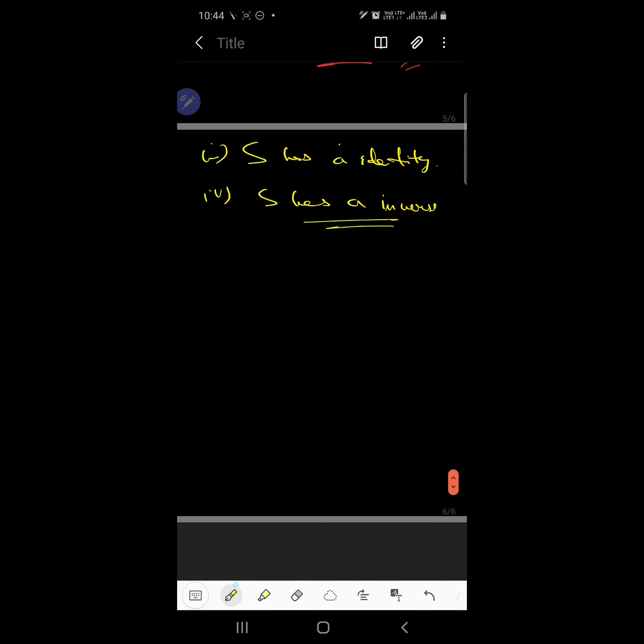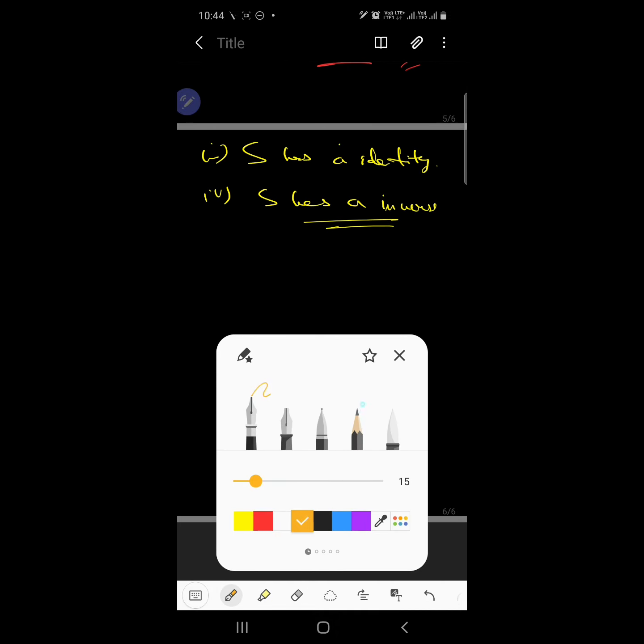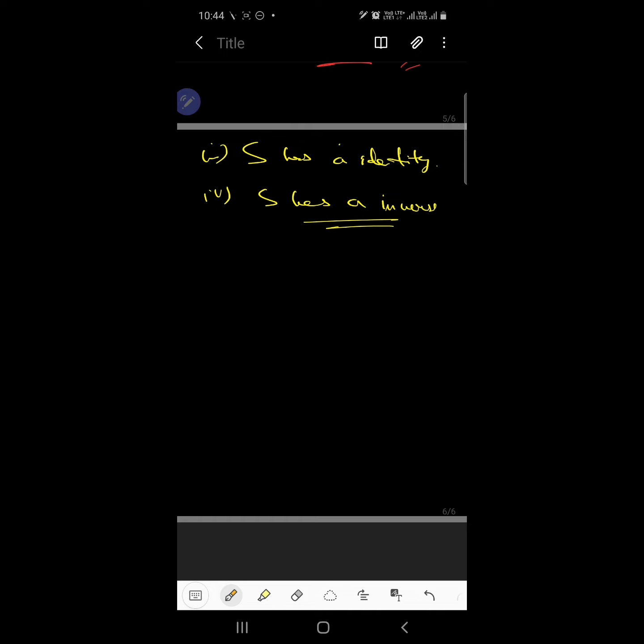So, next point. The next statement says that the necessary and sufficient condition, this is Theorem 4.